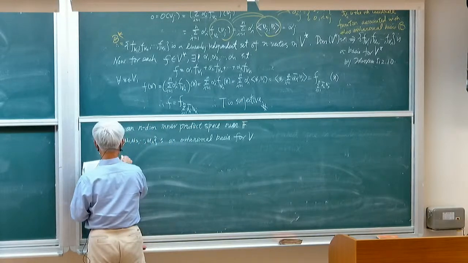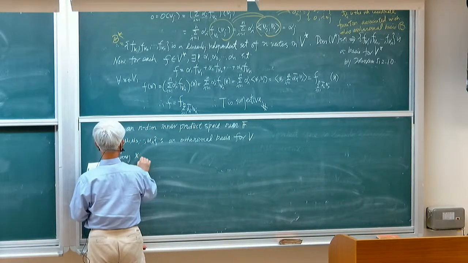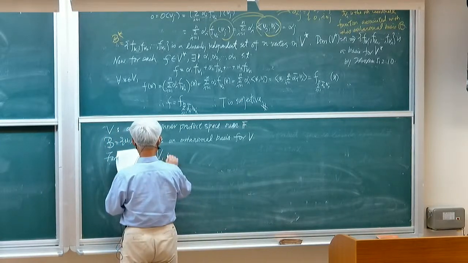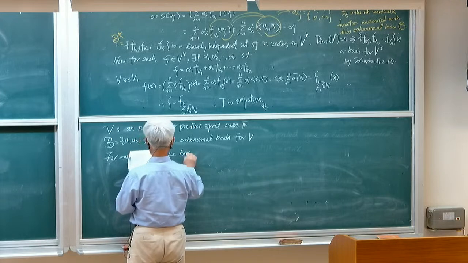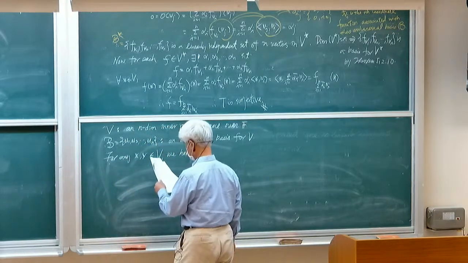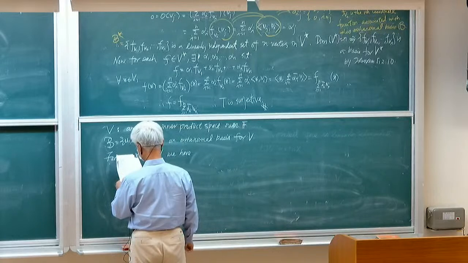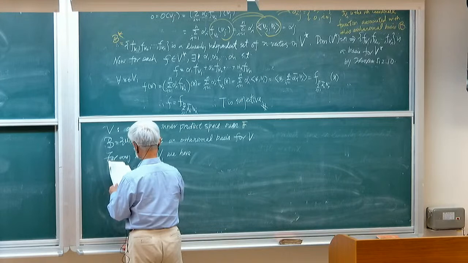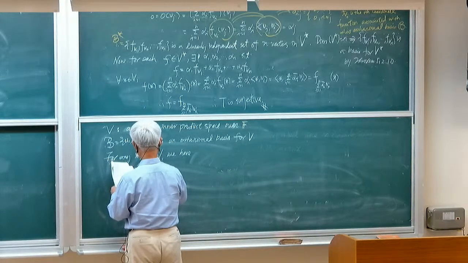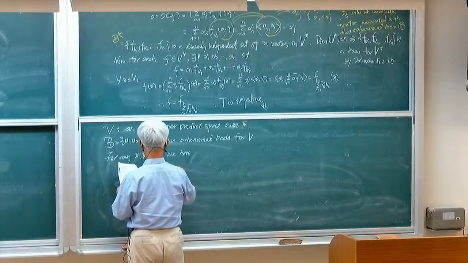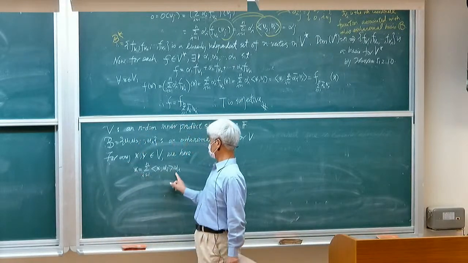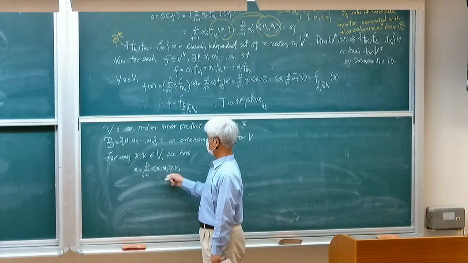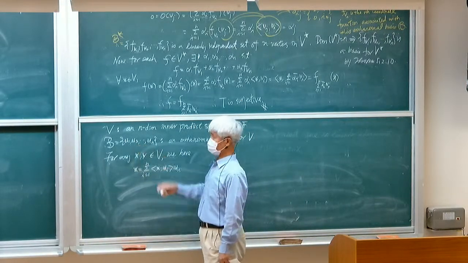Now, for any vectors x, y in V, we know that every x can be written as a linear combination of the basis vectors in this orthonormal basis.